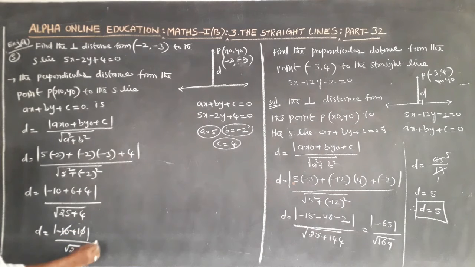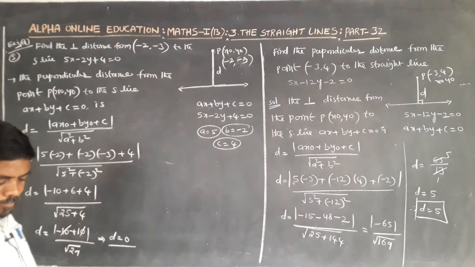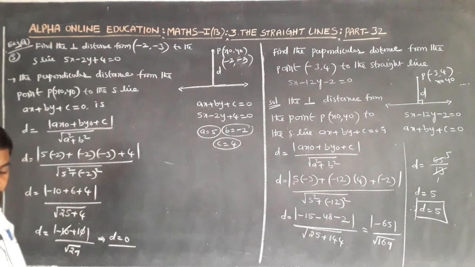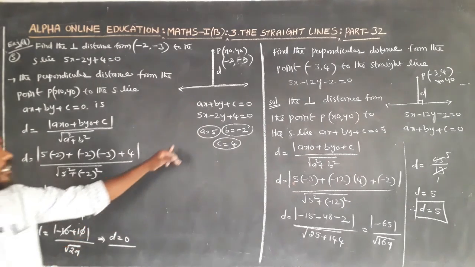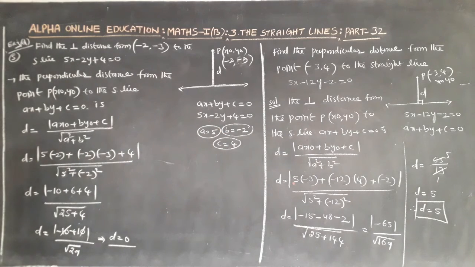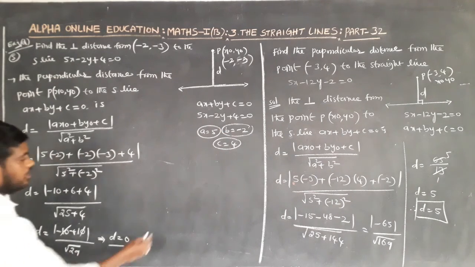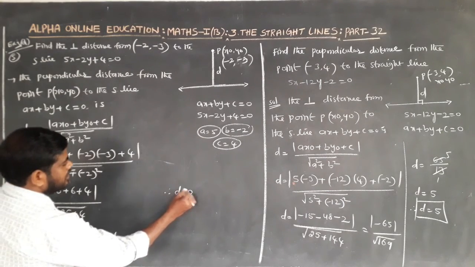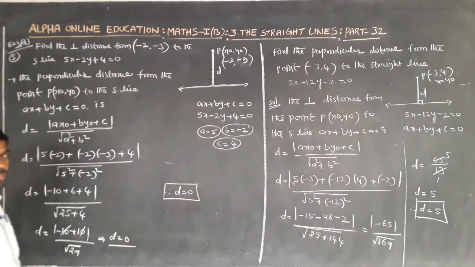Minus 10 plus 10 gets cancelled, 0 by something is 0. This is the perpendicular distance. The perpendicular distance from the point (minus 2, minus 3) to the line 5x minus 2y plus 4 equal to 0 is 0. Here distance is equal to 0.